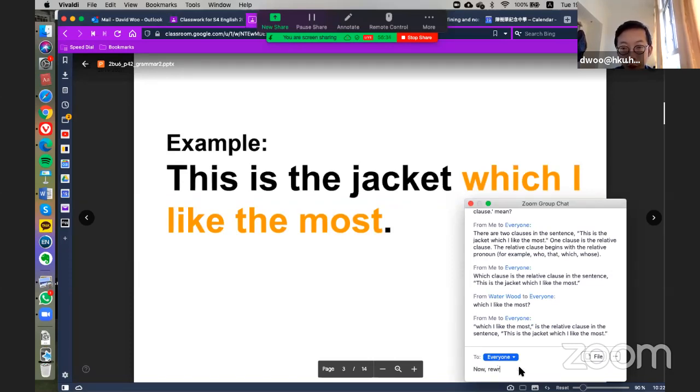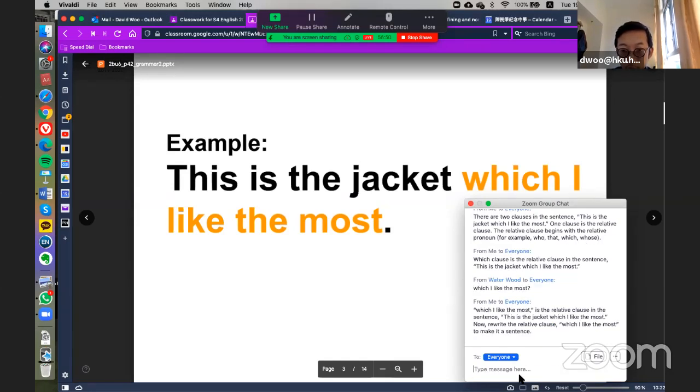Now, rewrite "which I like the most" to make it a sentence. Okay. Which I like the most is not a sentence. Make it a sentence. Now write it.